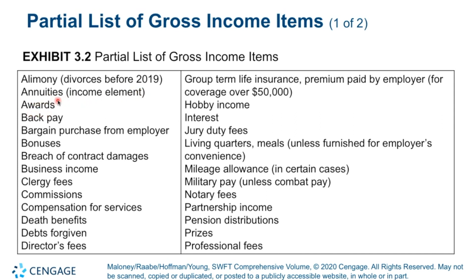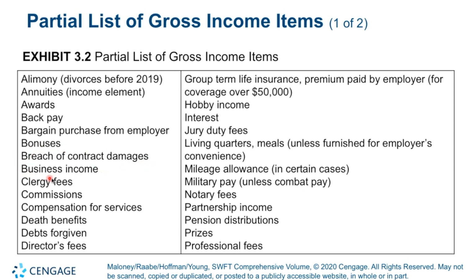This is the other side of annuities: a part of an annuity is excluded, a part of an annuity is taxable. Back pay from an employer is taxable. Awards are taxable. That often surprises people. A bargain purchase from an employer, meaning you got a deal and there's a portion that has to be taxed. Bonuses are taxed just like salaries.